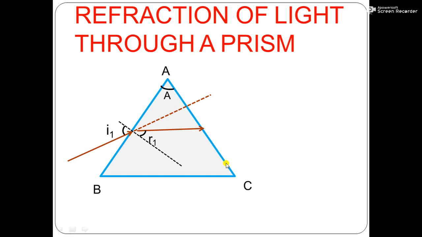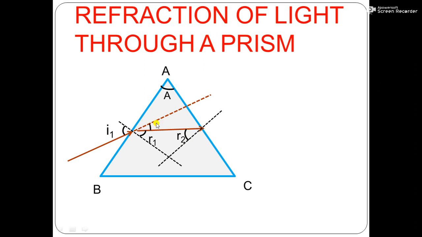is incident on the second refracting surface AC, and the angle between the normal to that surface and this refracted ray, which is the incident ray for the second surface, is R2. This is the angle of incidence for the second surface.